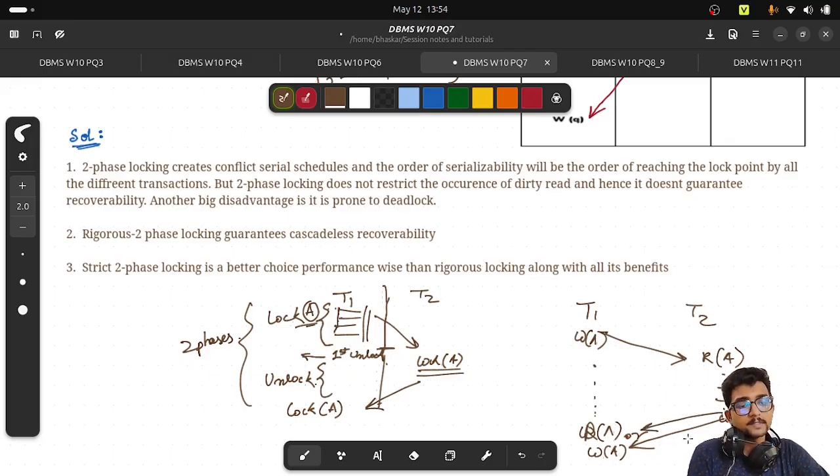So this creates the cycle: T1 to T2 and then again T2 to T1.